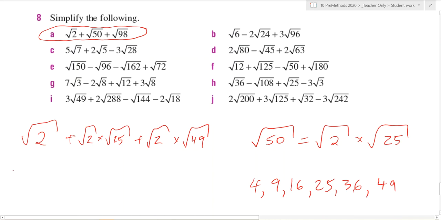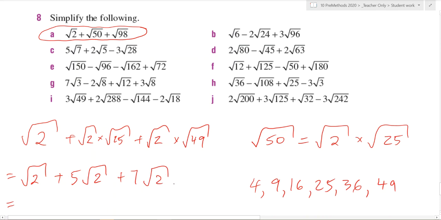So square root 25 becomes a 5, and the square root 2 stays the same. The square root 49 becomes a 7, and the square root 2 stays the same. So we've simplified the surds.